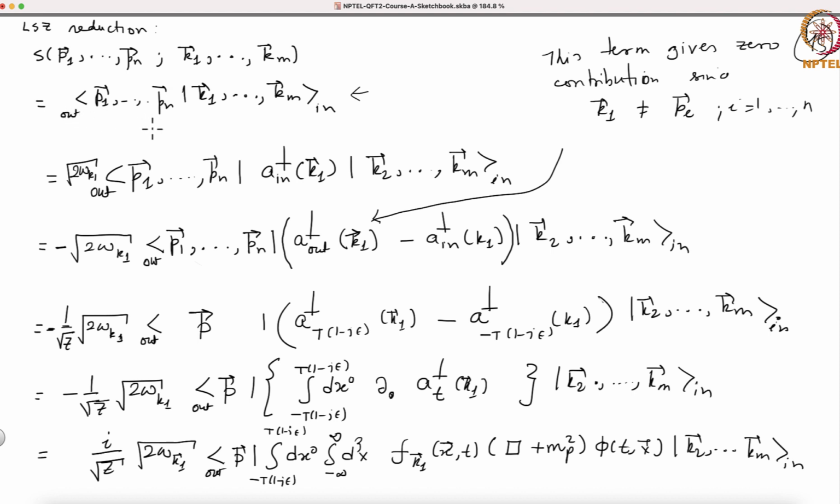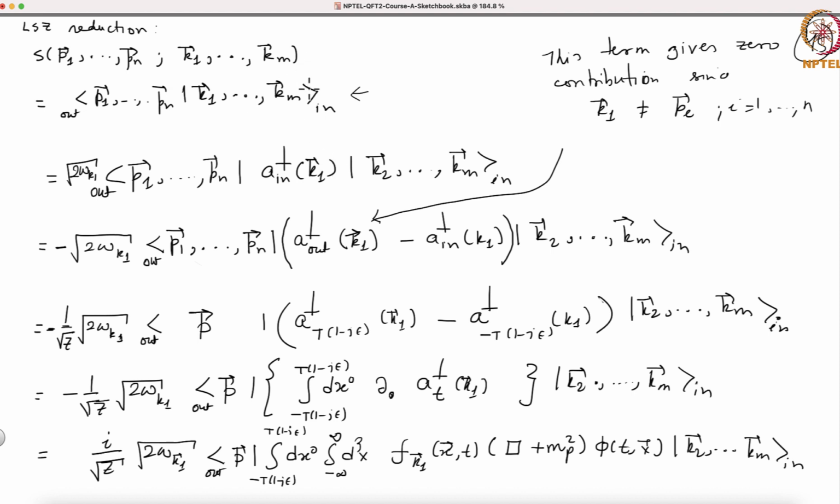For example, if you had a theory with particles with electric charges, then those electric charges would also appear in this list. But here all the particles are identical, with the same mass and no electric charge, because I am looking at a real scalar field theory. So there are no other labels.